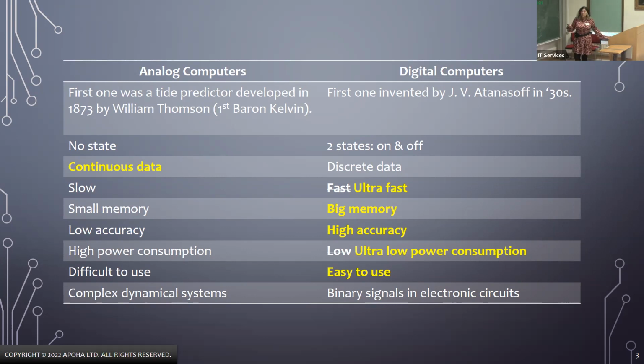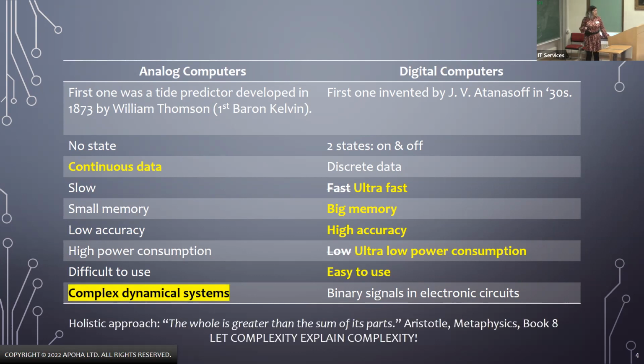It has big memory, high accuracy, uses ultra low power, and is easy to use, but it's also a lot of fun because it's based on complex dynamical systems. A computer based on a holistic approach, in which the whole is greater than the sum of its parts, and actually uses complexity to solve complex problems.